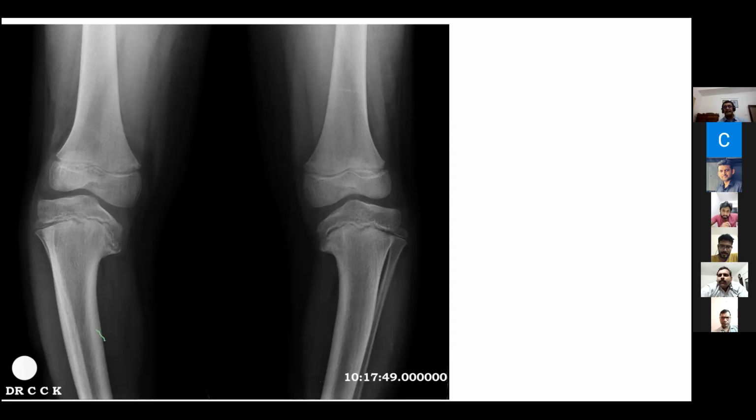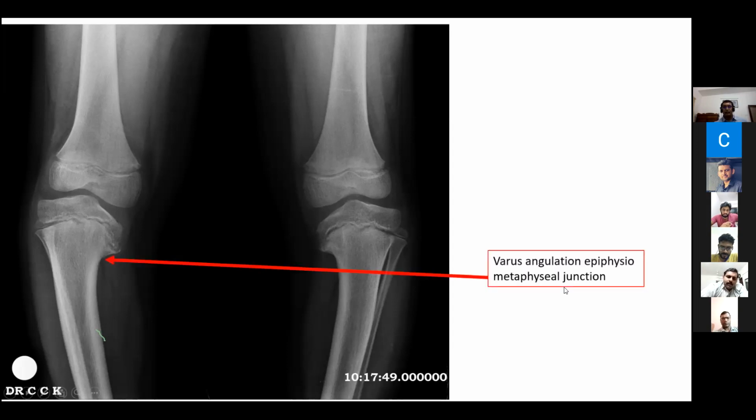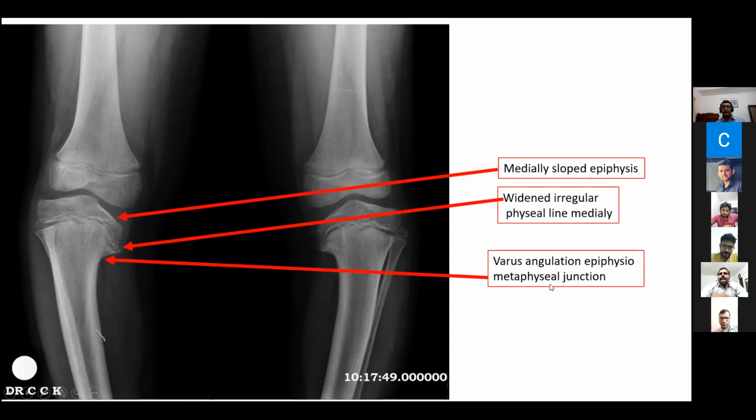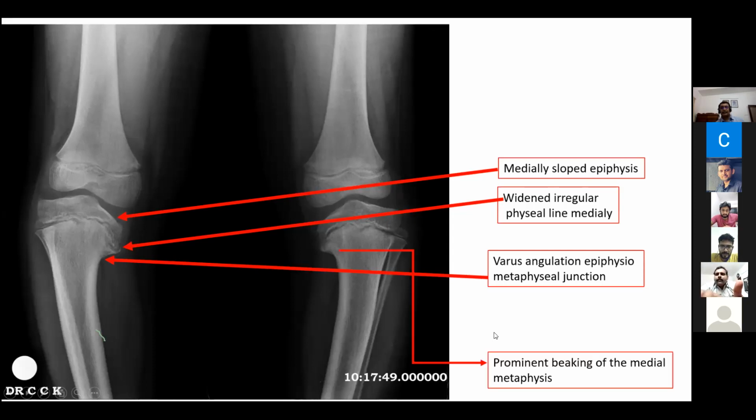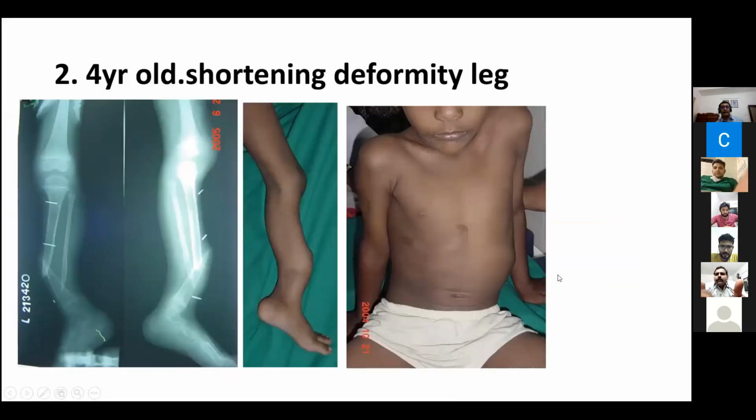Yes, exactly. So now you can see all the features: varus angulation at the epiphyseal-metaphyseal junction with abrupt angulation, medially sloped epiphysis, widened irregular physeal line medially, lateral subluxation, and prominent beaking.